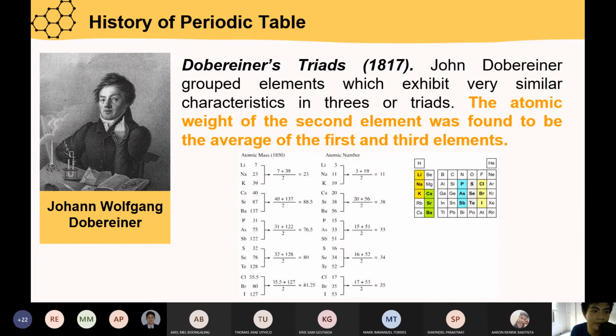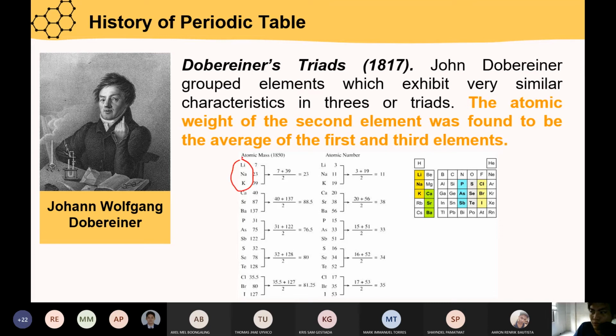Okay, so for Döbereiner, ang ginawa niya is he arranged the elements in triads. Tatatlo. Okay? And bakit niya in-arrange yung tigtatatlo? Kasi onti pa lang elements. So, ganun ginawa niya. He arranged the elements by threes, and these three elements will have the same property. So, let's take a look at this part.